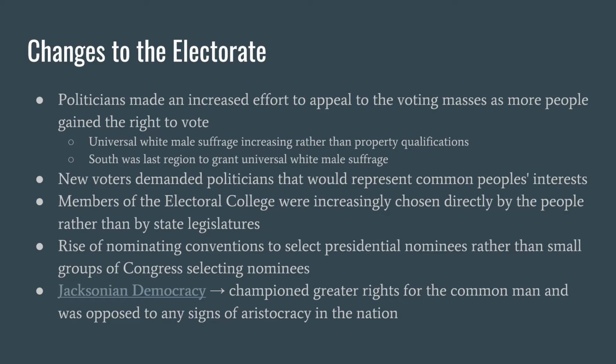And we start to see that the South is actually the last region to grant that universal white male suffrage. The northern states and western states tend to adopt that policy pretty quickly, but it takes the South a while to come around to that.